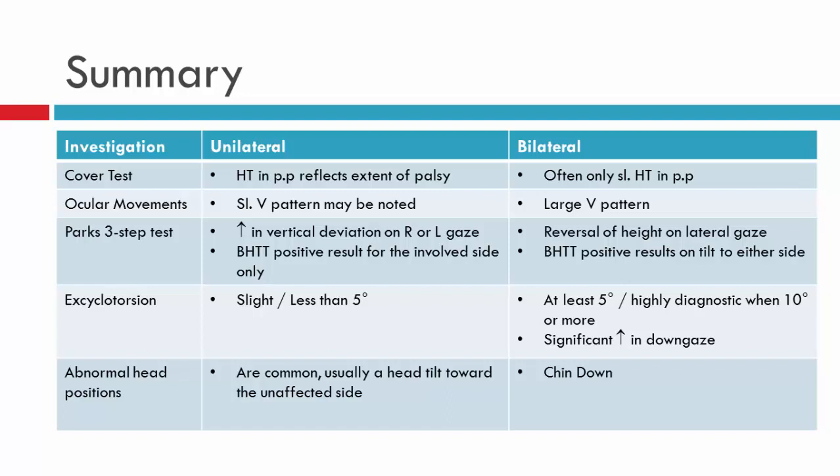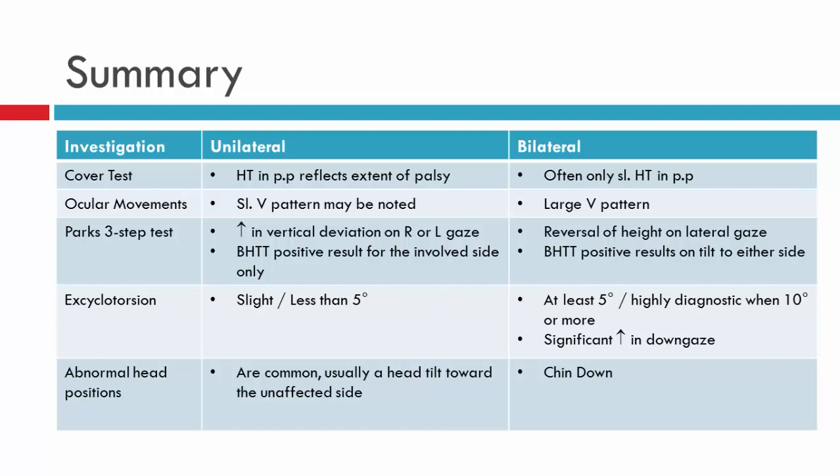Look for reversal of height on lateral gaze and look for a positive Bielschowsky head tilt test on both right and left tilt. Remember to measure the excyclotropia, and if you've got excyclotropia of 10 degrees or more, this is highly suggestive or highly diagnostic of a bilateral fourth nerve palsy.